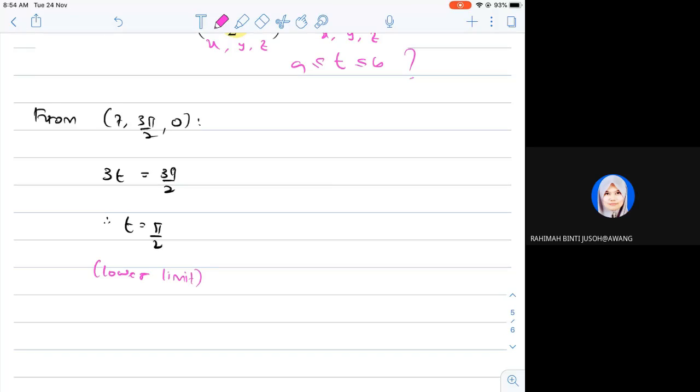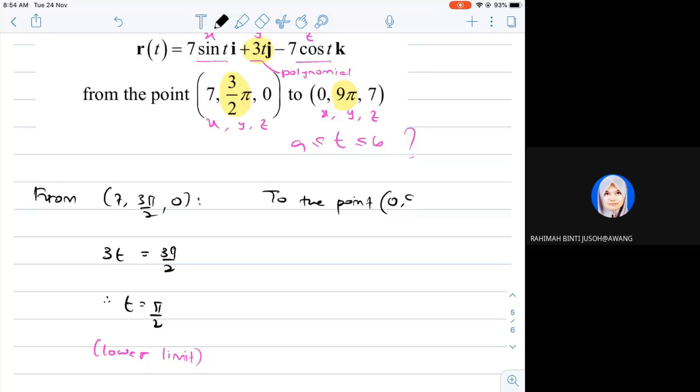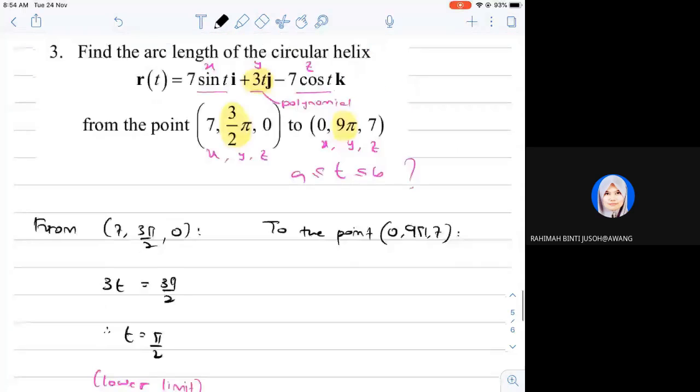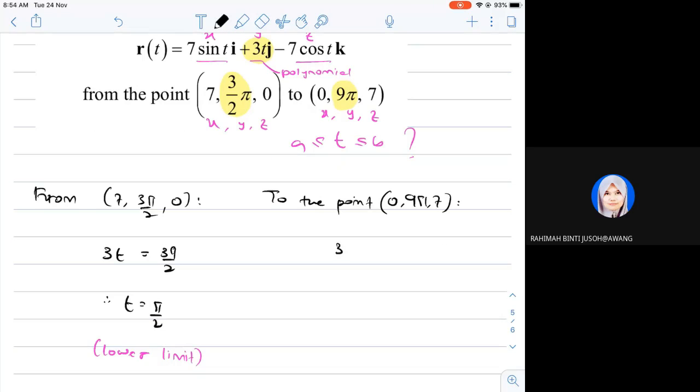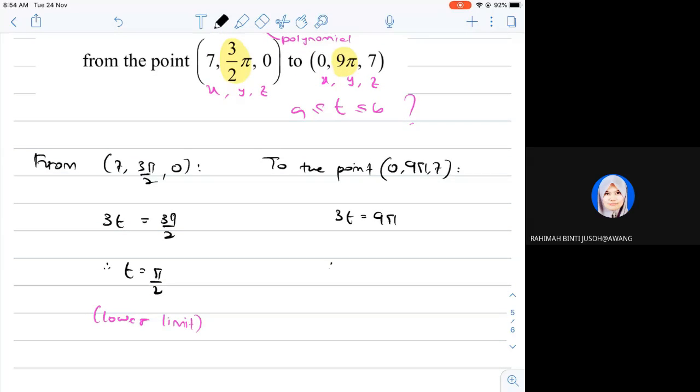And then to the point 0, 9 pi and 7. Again we consider the coordinate y because we consider 3t. So 3t equals 9 pi, therefore t equals 3 pi.